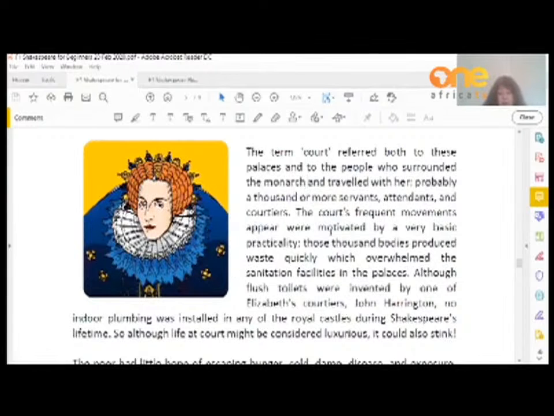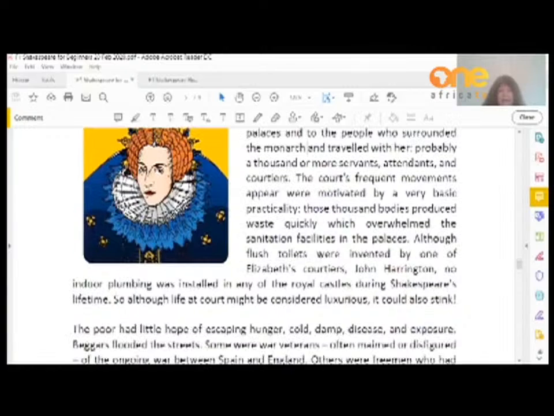The court's frequent movements were really motivated by basic practicalities, because those thousands of people produced waste very quickly, and that overwhelmed all the sanitation facilities at the palace. So they had to leave one palace, move to another palace, and wait till the first palace got cleaned out.